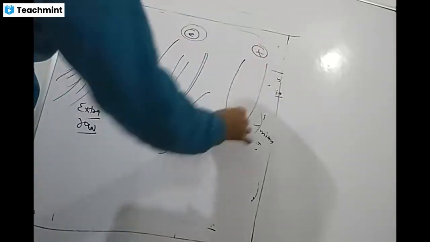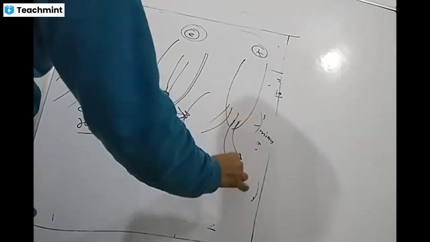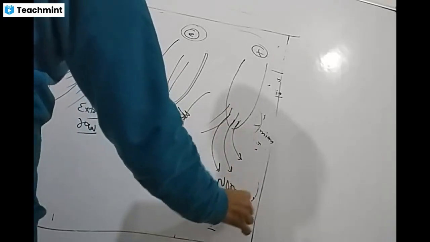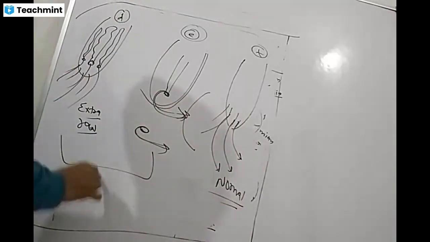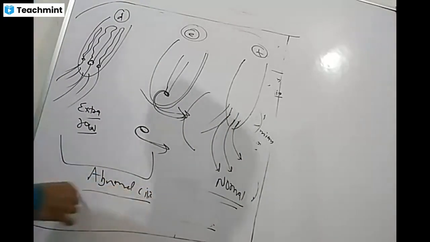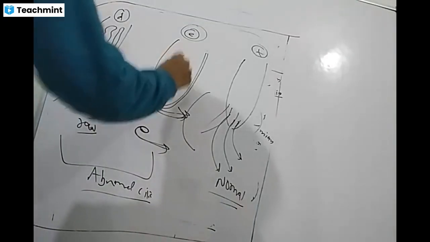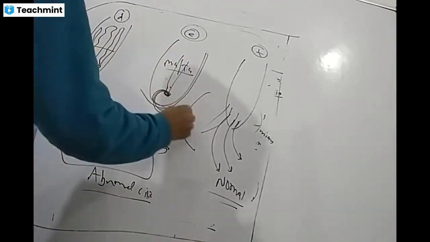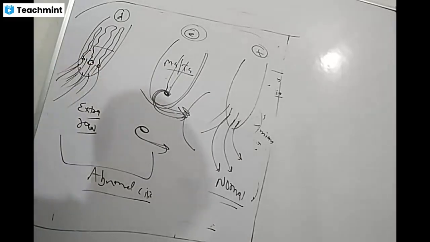Trichiasis, normally they come like this, but if they move towards the cornea, this is trichiasis. These are the normal cilia moving towards the cornea. These two are abnormal cilia. Both are coming at the opening of the tarsal or meibomian gland. But one is moving 90 degrees to the cornea, and the other is making an extra row parallel to the cornea.